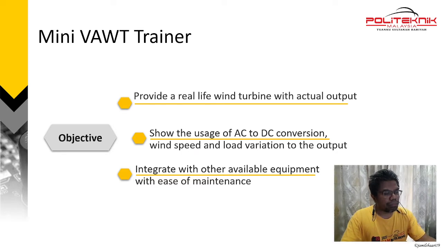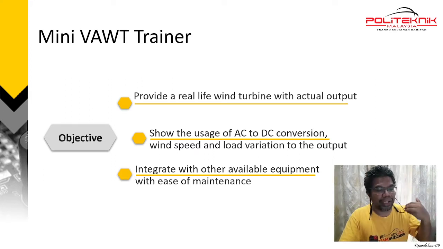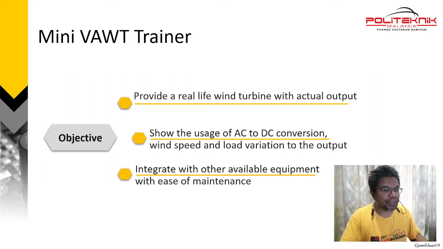As I presented earlier, this innovation is for educational purposes, to facilitate students and ease their understanding of wind generation. It can be adapted to either indoor or outdoor facilities, purposely in our laboratory or in our institutions. Therefore, we can divide our objective into three major components.